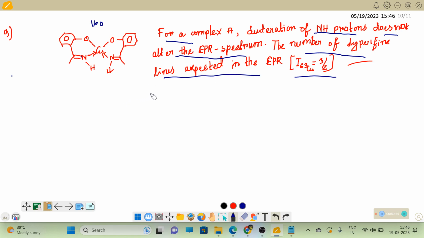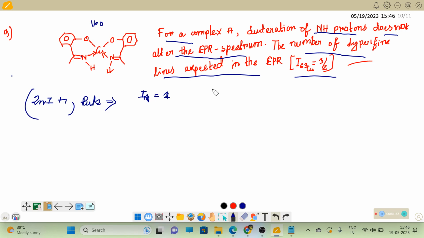We all know the formula, that is the 2nI plus 1 rule, where n is the number of equivalent nuclei and I is the nuclear spin. Here they are saying that NH protons do not alter the EPR spectrum, so we will not take them into account.